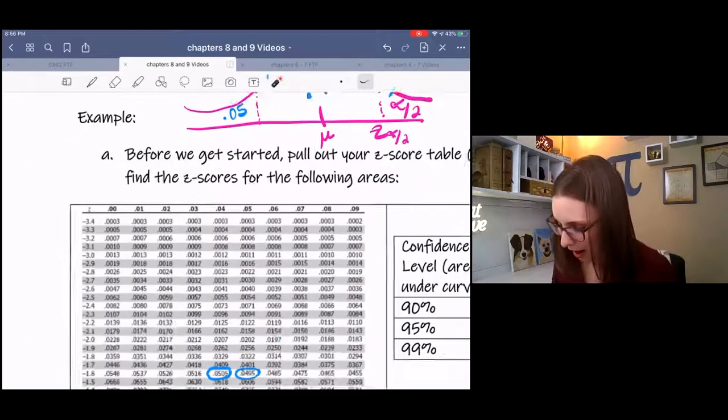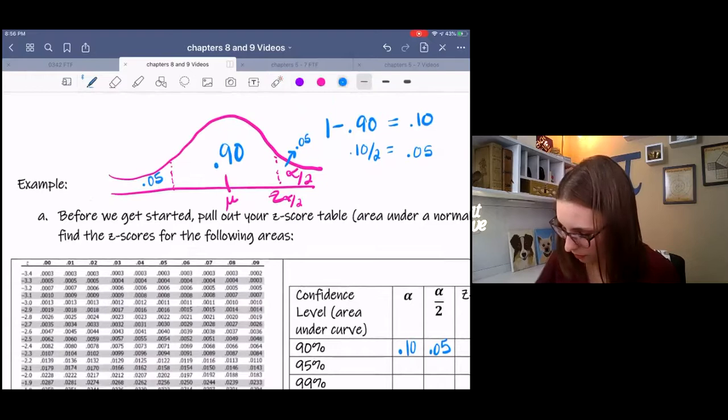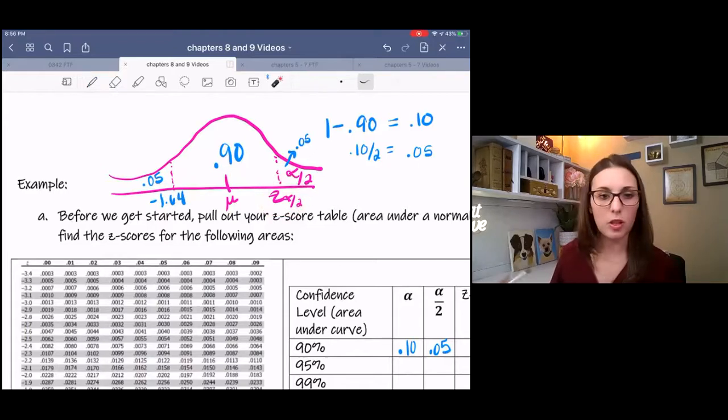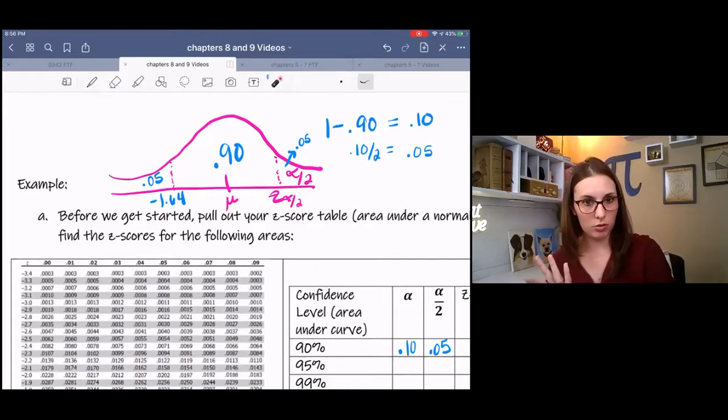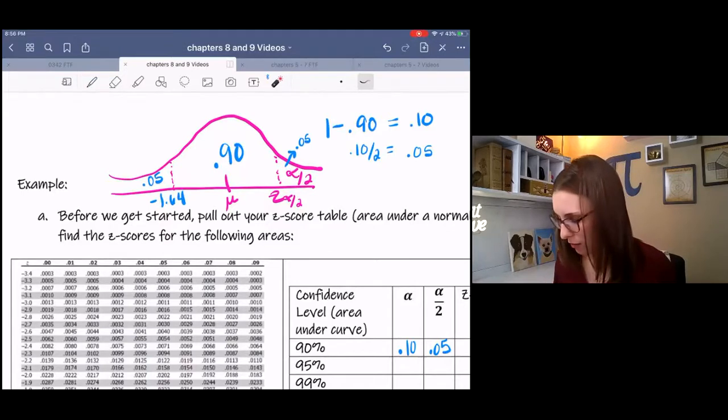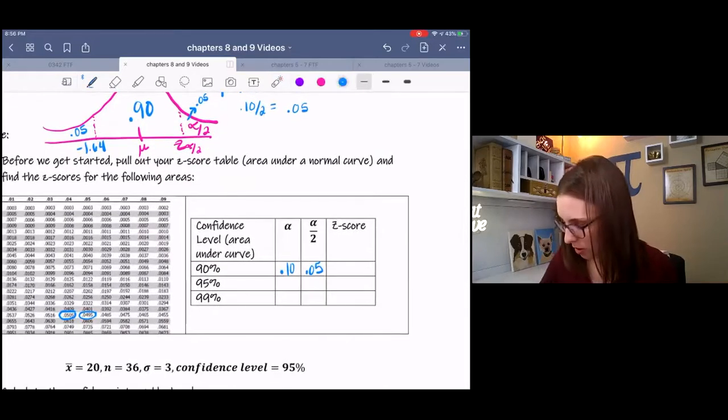But I'm actually looking for this one, so it's going to be its symmetric value, which is positive 1.64. I think it's actually 1.645 if we go one more decimal.